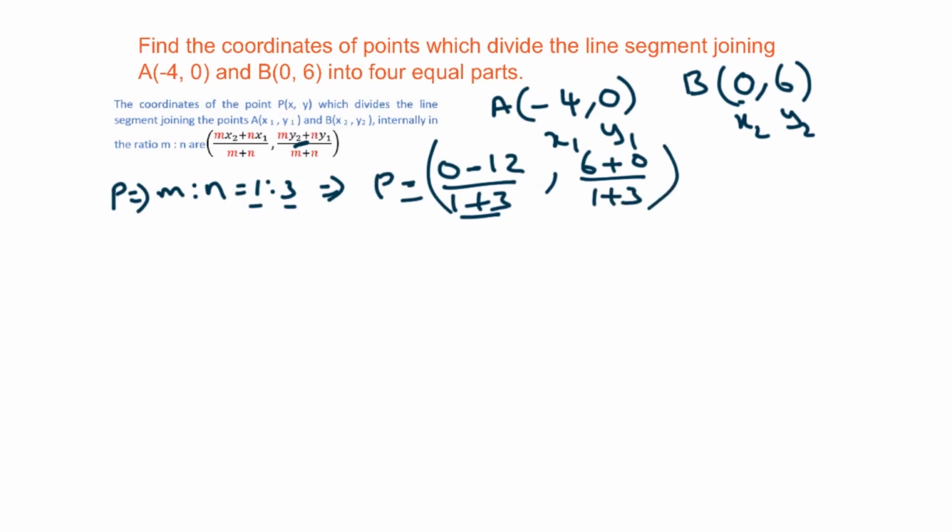So we can say -12 by 4, which is -3, and 6 by 4, or we can write 3 by 2.